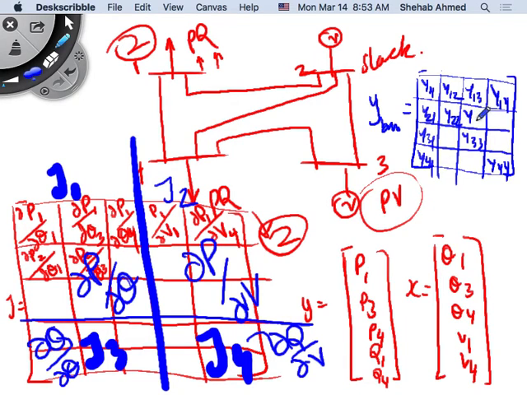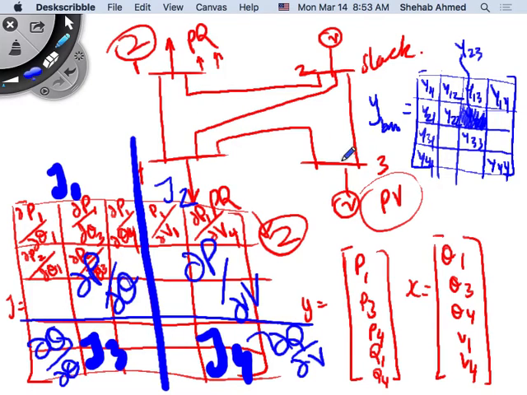Does everybody agree this is element Y23? So what is element Y23? It's the negative of the admittance between buses 2 and 3, not impedance.